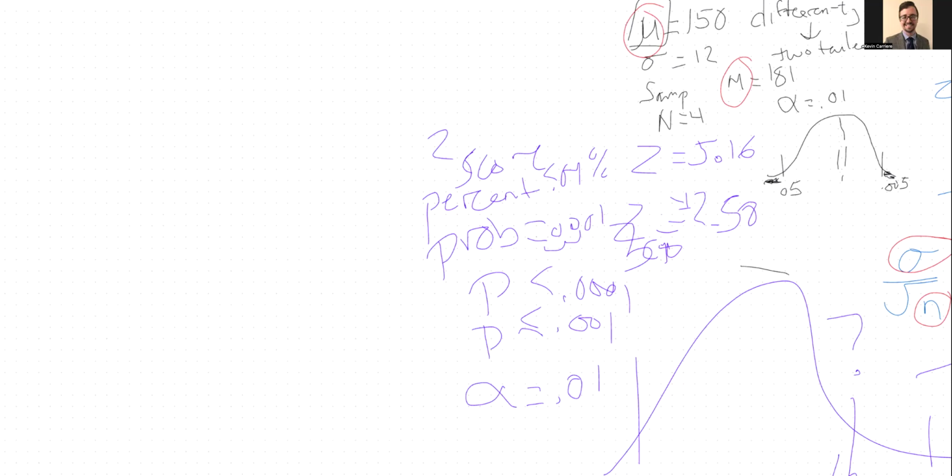No program, otherwise known as the population, the average person. So the probability of observing a value equal to or more extreme than the population.